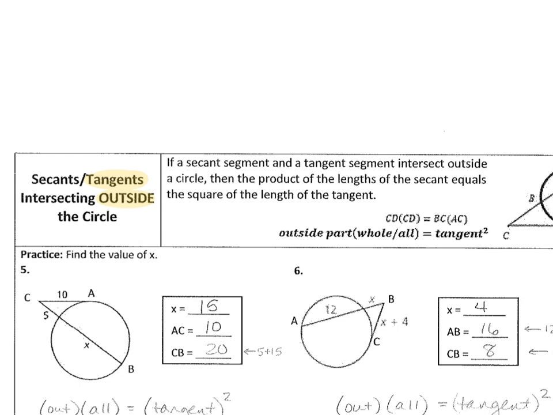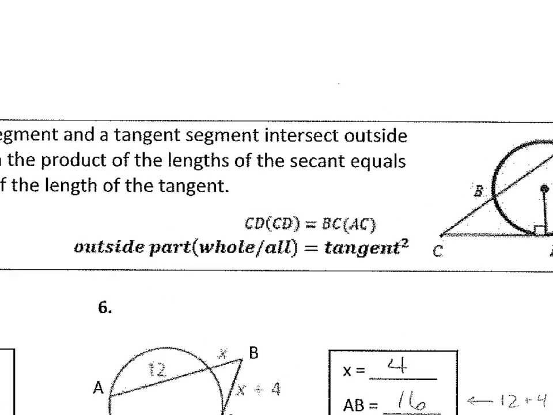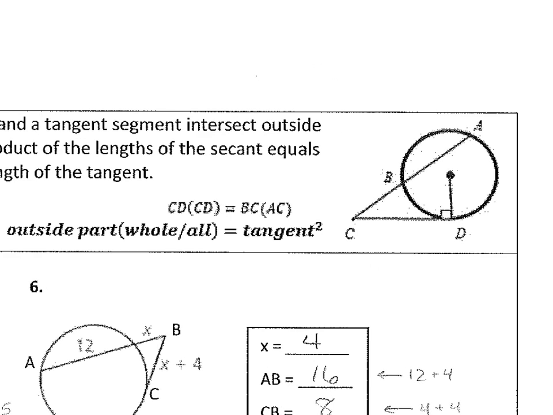The formula is as follows. You are going to take the outside part. This sounds familiar. The outside part. And you're going to take the whole or the all part, which is all of that secant line. That sounds familiar. That's what we did before.